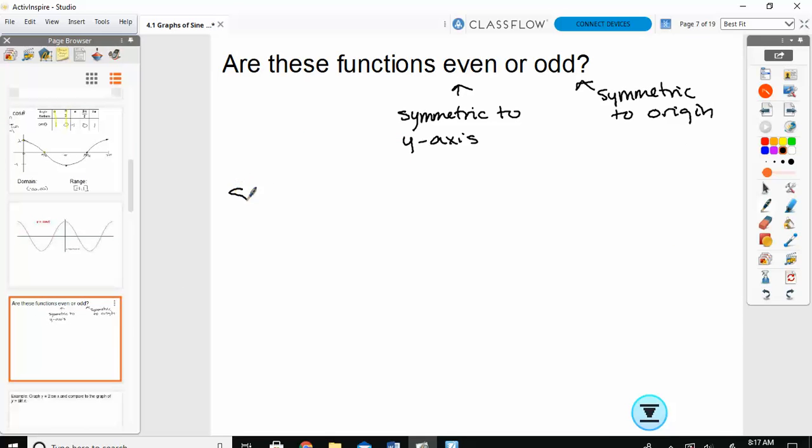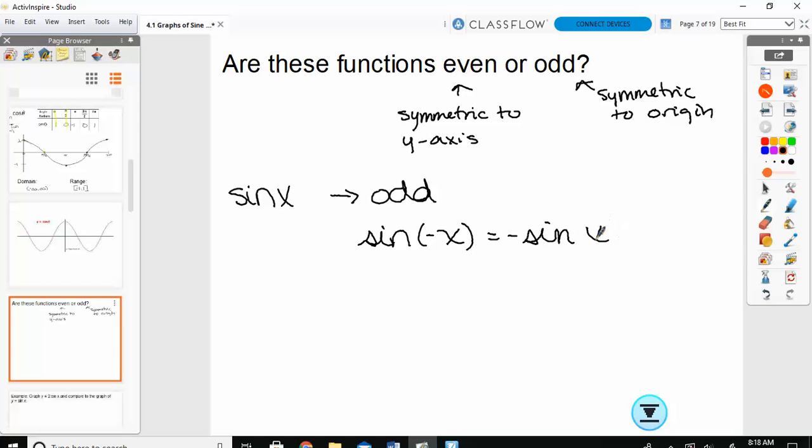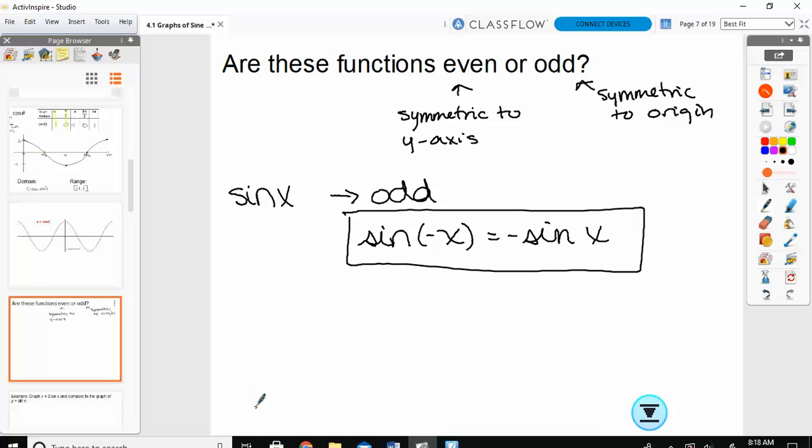So, what that means, sine is odd. The definition of odd we had in algebra said that if your x was negative, it will make your y negative.